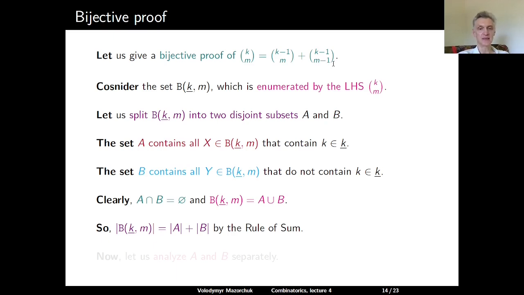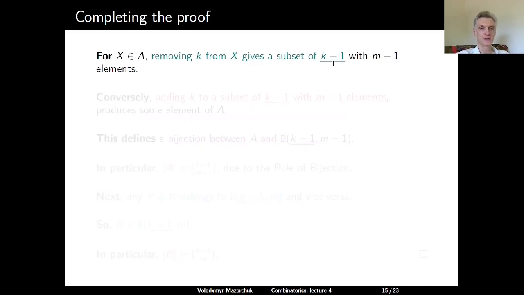So let us analyze this A and B separately. For an element X in A, so that's a subset of {1, 2, 3, and so on, k} which contains k, if we remove this k from X, we get a subset of {1, 2, 3, and so on, k minus 1} with m minus 1 elements.